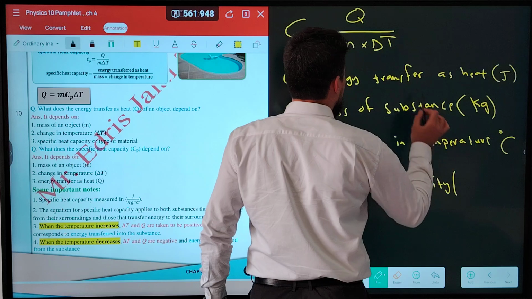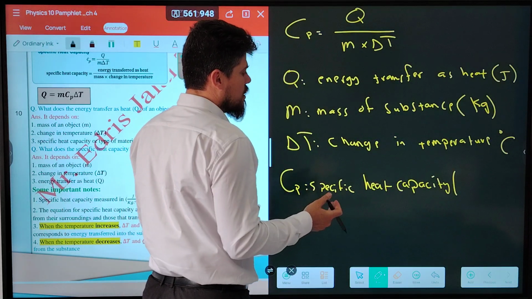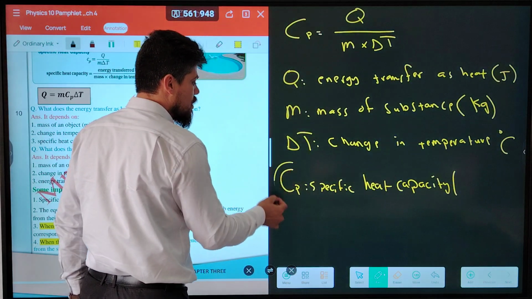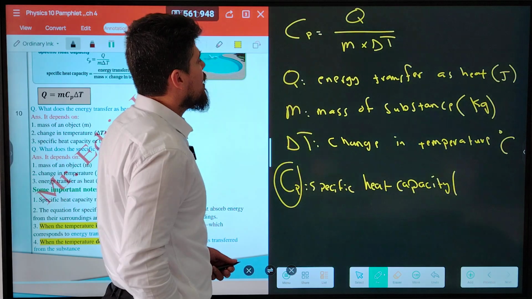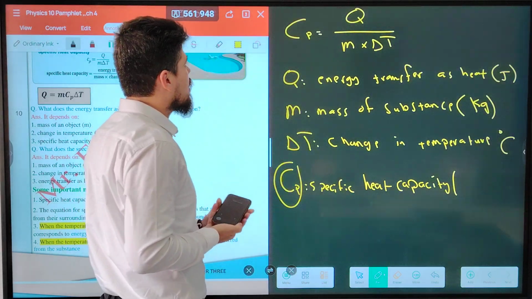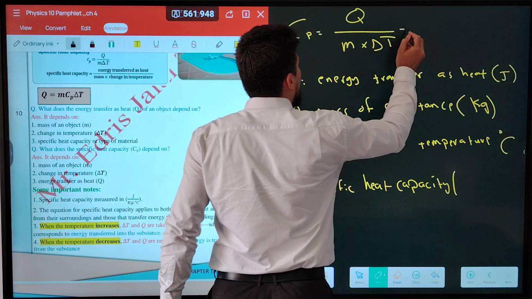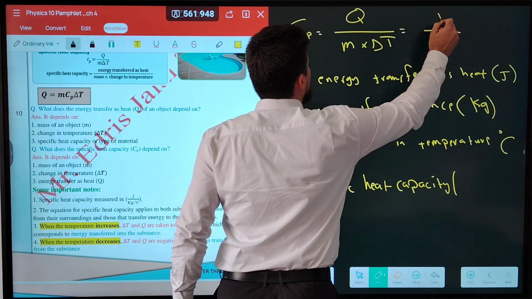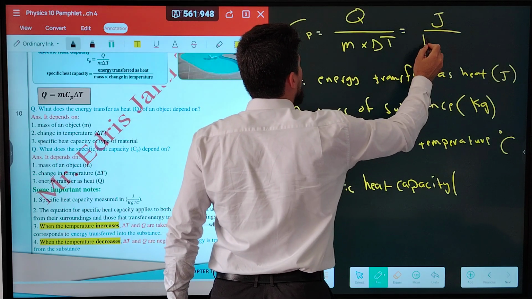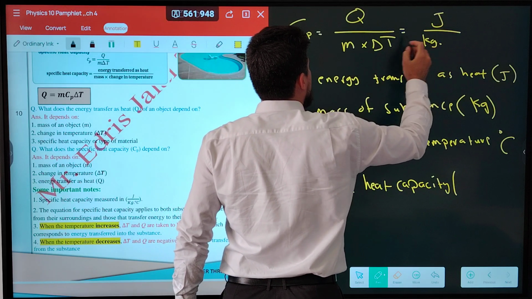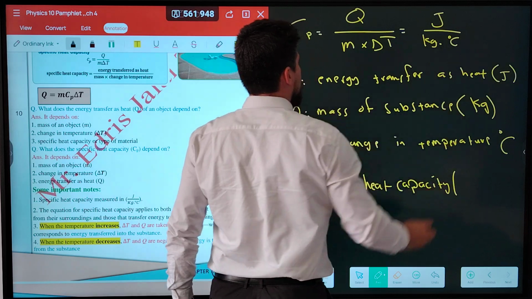Measured in what? How can you know the unit of Cp? Don't memorize it. According to this equation, Q is measured in joules, mass in kilograms, delta T in Celsius.